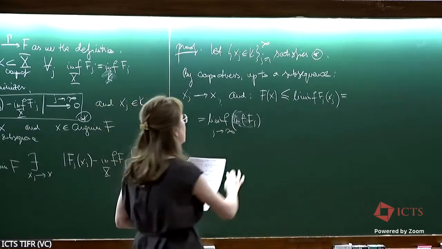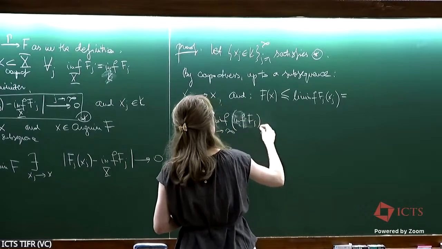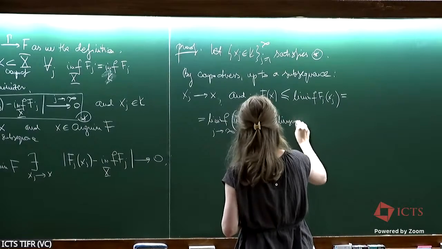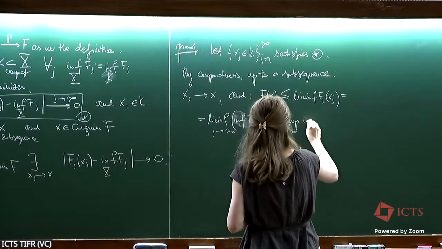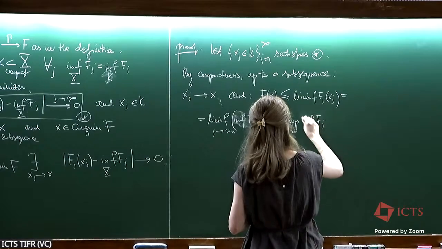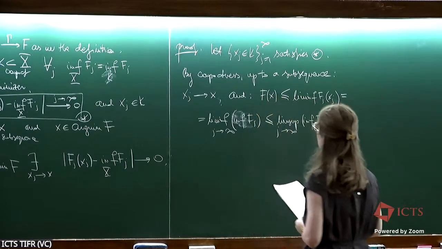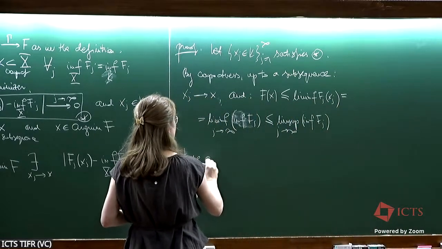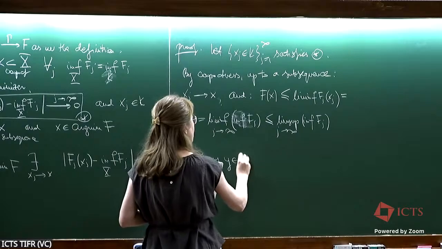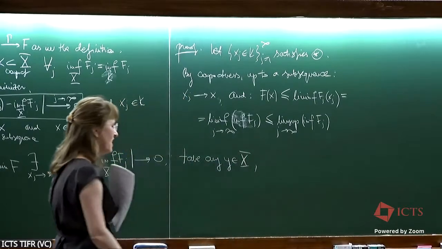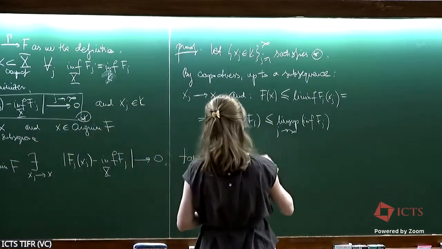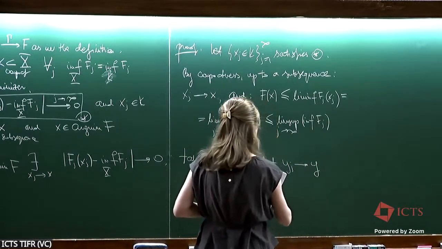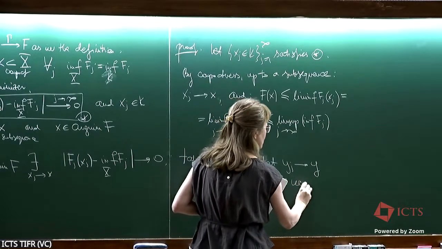So I'm basically done, but for future reference, let me write something trivial. This is less or equal, of course, than lim sup of inf Fj. And now if I take any y in X, I can find a recovery sequence, let yj converging to y be its recovery sequence.